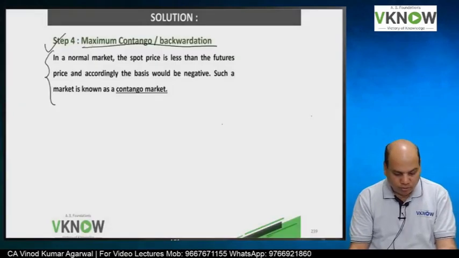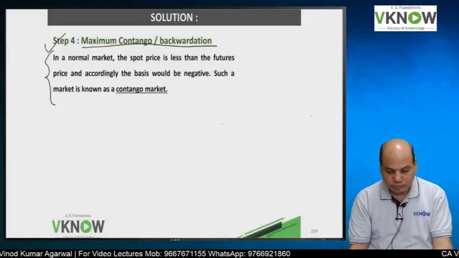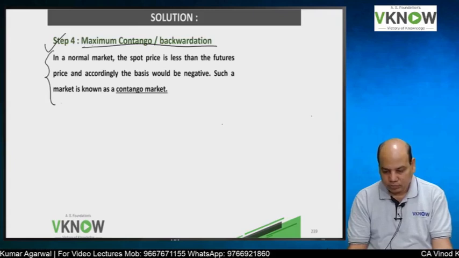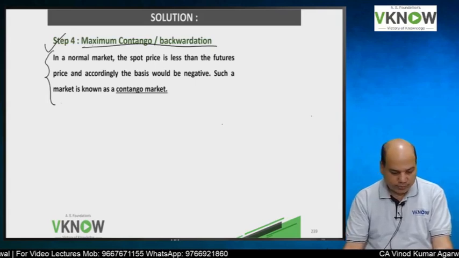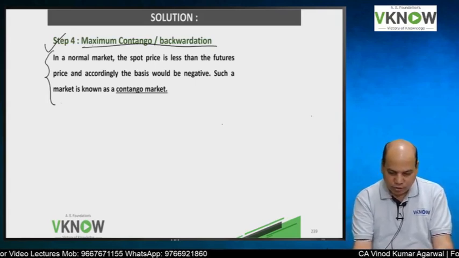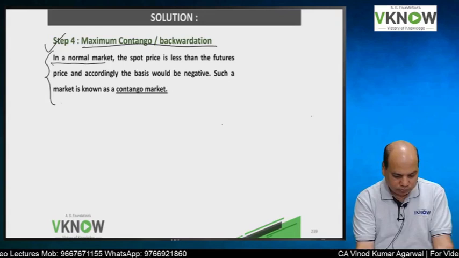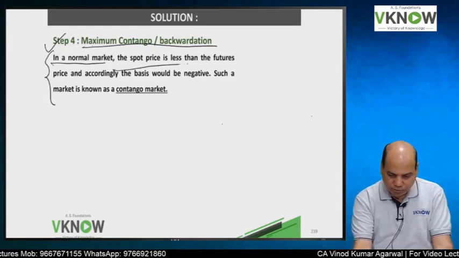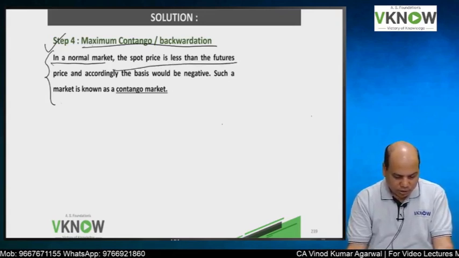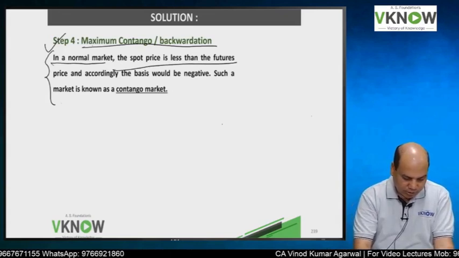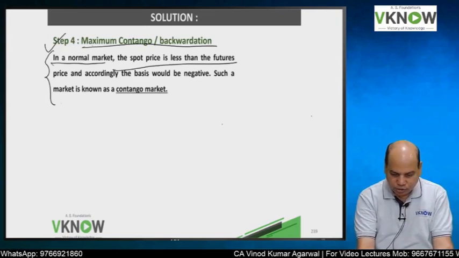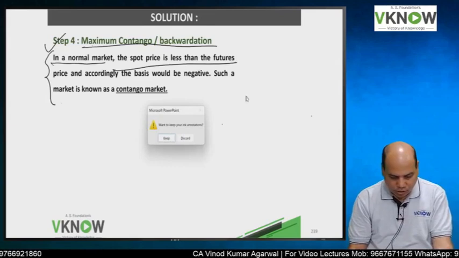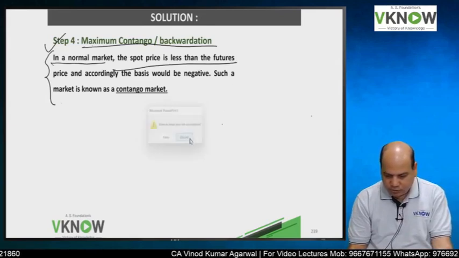Write down the note on maximum contango or backwardation. First write a note. In a normal market, the spot price is less than the future price.